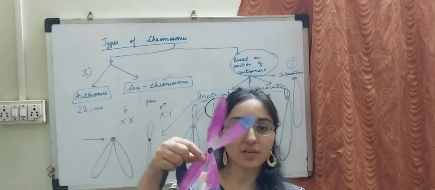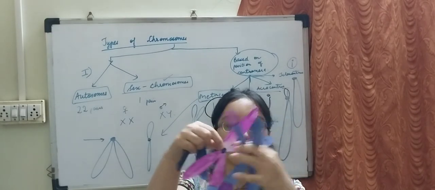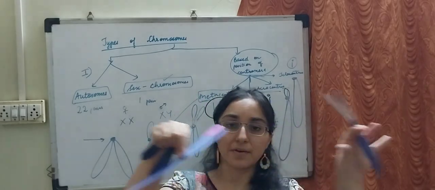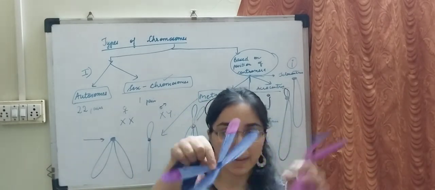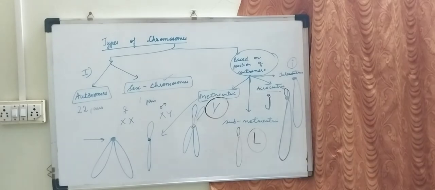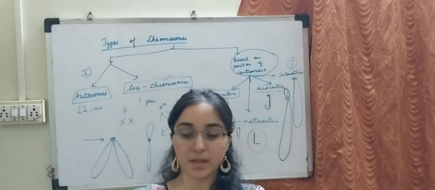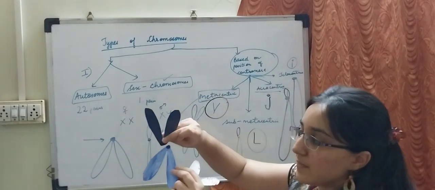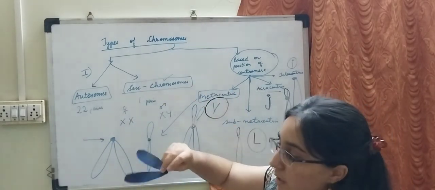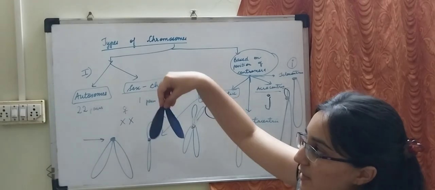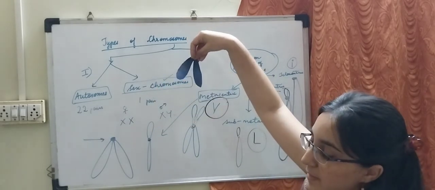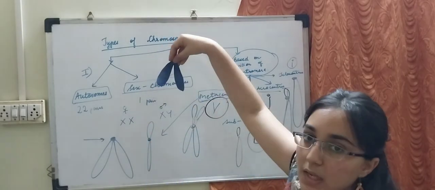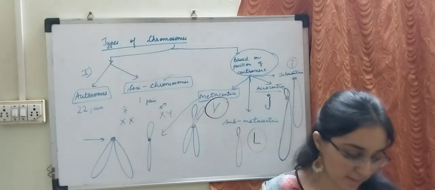If there is a paternal chromosome, its centromere will separate, and if there is a maternal chromosome, it will also separate by its centromere. If I say this is a paternal chromosome, then it will separate like this. There will be a pull: spindle fibers pulling upwards and spindle fibers pulling downwards, and this way the chromatids will separate.